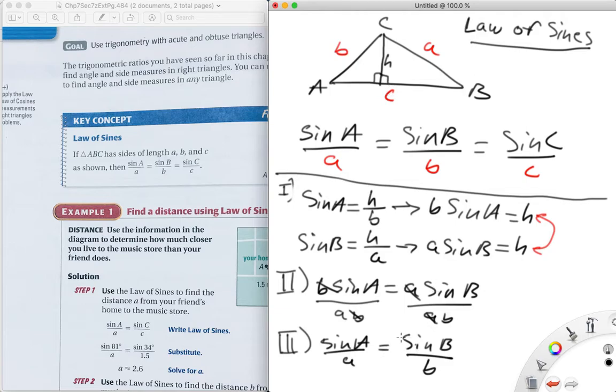Since I already have two of the ratios equal to each other, I can use the transitive property to say all three are equal to each other. And that's how the law of sines works.